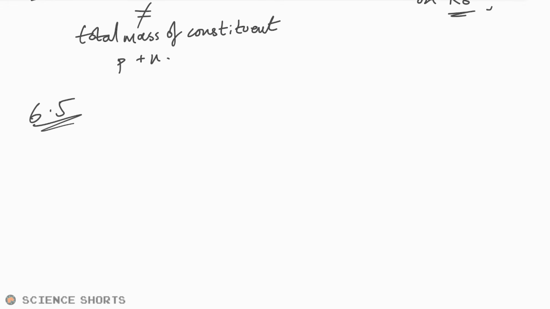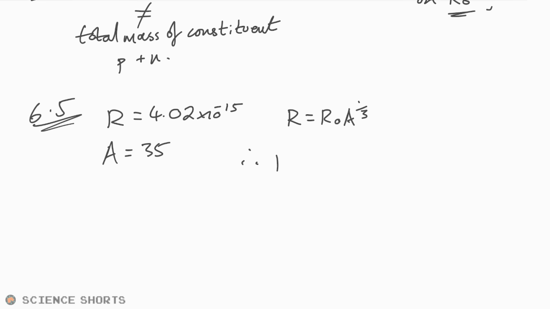6.5. Let's actually do some physics. The measured radius is R equal to 4.02 times 10 to the minus 15, and we have A is 35. Calculate an estimate of R0. So R is equal to R0 A to the third, and so R0 is equal to R over A to the third.